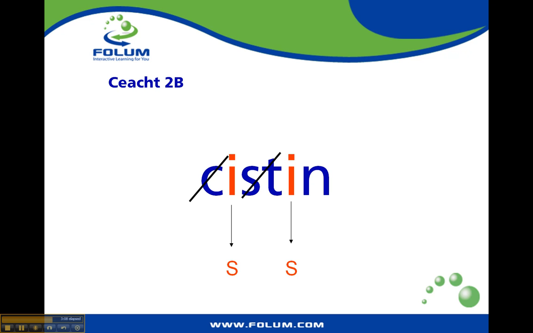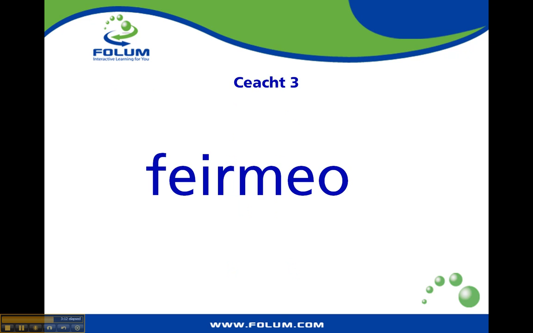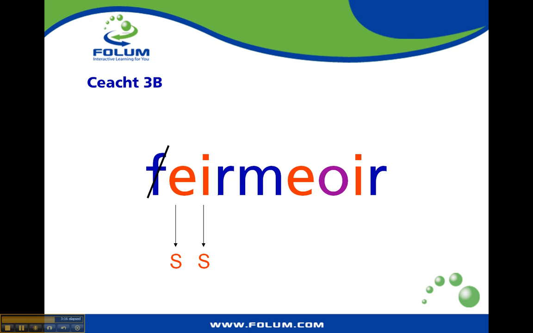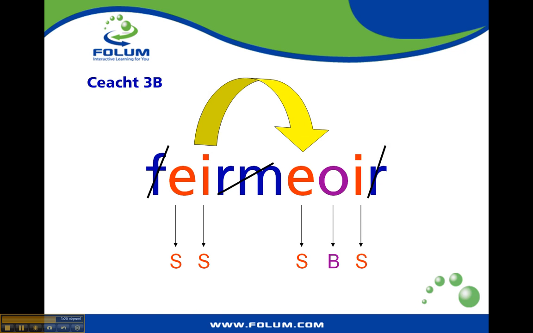Perfect. Feirmeoir. Again, we mark out each one as it should be, and you'll see that you've got I beside E. If you knock out the R and M in the middle, you've got a situation where consonants are coming between vowels. So you remove them and you see that both I and E match together, and that's one of the combinations we can have.